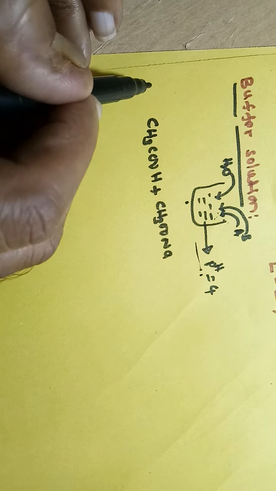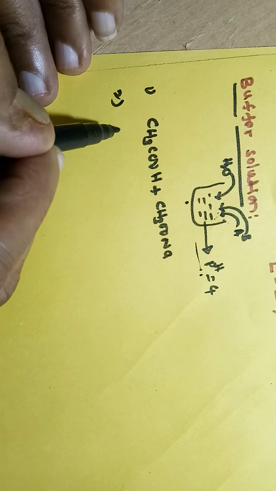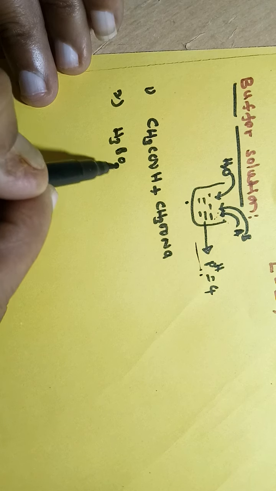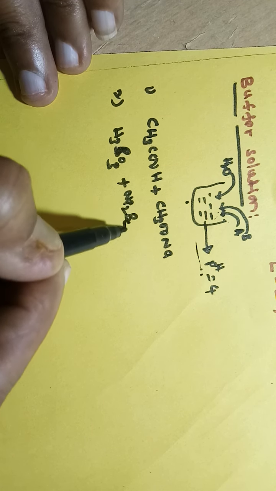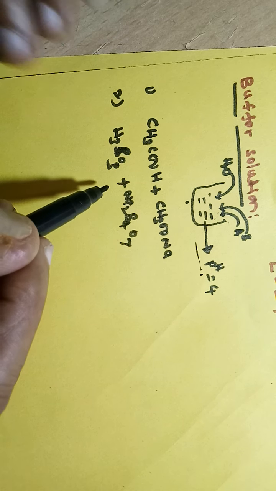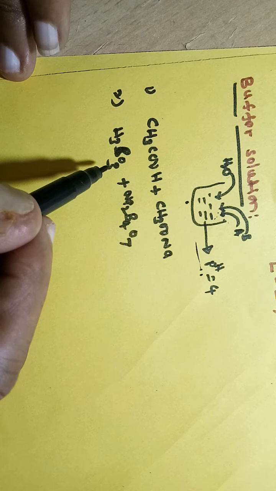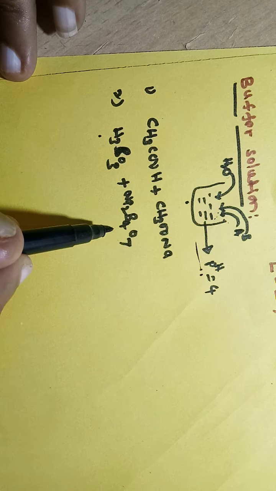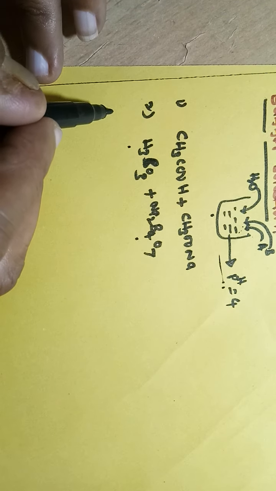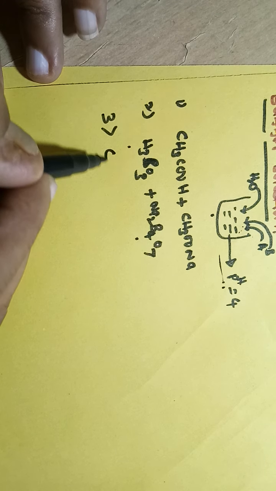Let me take another buffer solution: H3BO3, boric acid, plus Na2B4O7, sodium tetraborate. So this boric acid and sodium tetraborate act as buffer solutions.